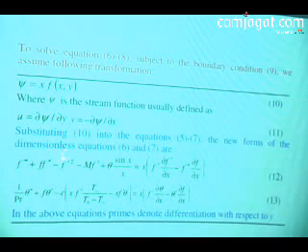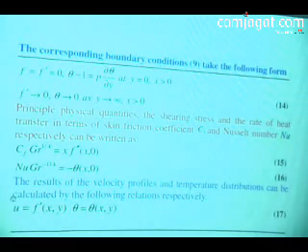In these equations, prime means differentiation with respect to eta. The corresponding boundary conditions using the stream function are given in equation 14, and the principal physical quantities, the shearing stress and the Nusselt number, are given in equations 15 and 16.